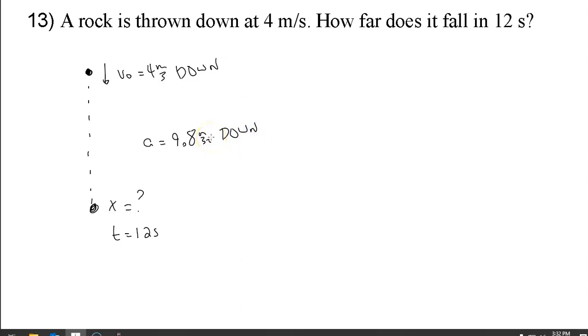That's also down. Okay. A quick thought about your coordinate system convinces you that since this one is down, and this one is down, and the distance is down, everything is down, that one option would be to call down positive, and then all these numbers would have positive signs in front of them.